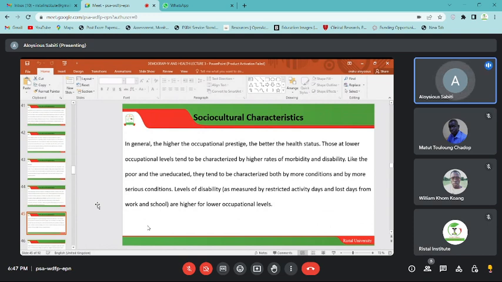I am a CEO. We expect that because you're a CEO, you are at a better health status. However, those at a low occupational level tend to be characterized by a higher rate of morbidity and disability.